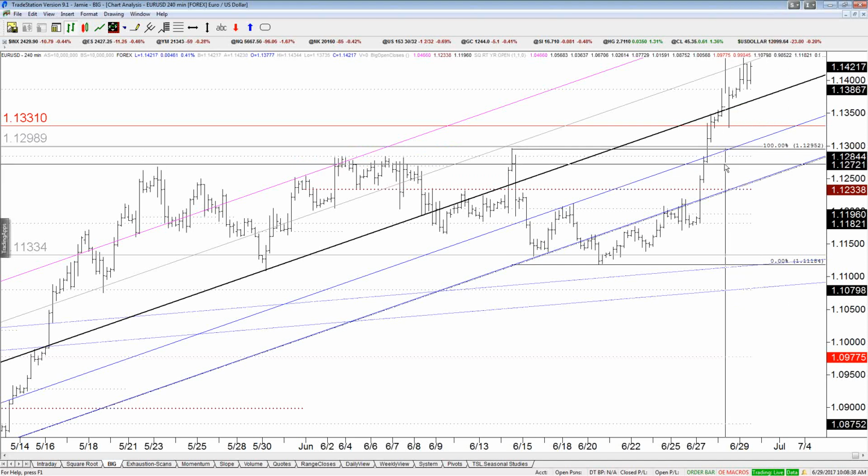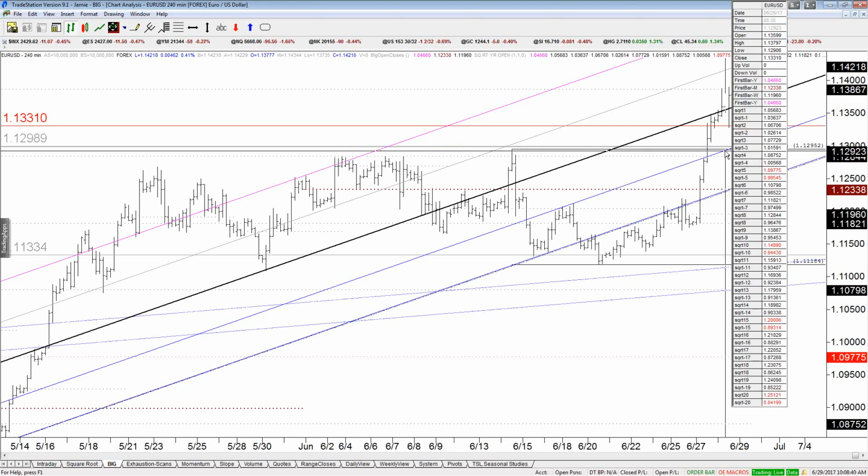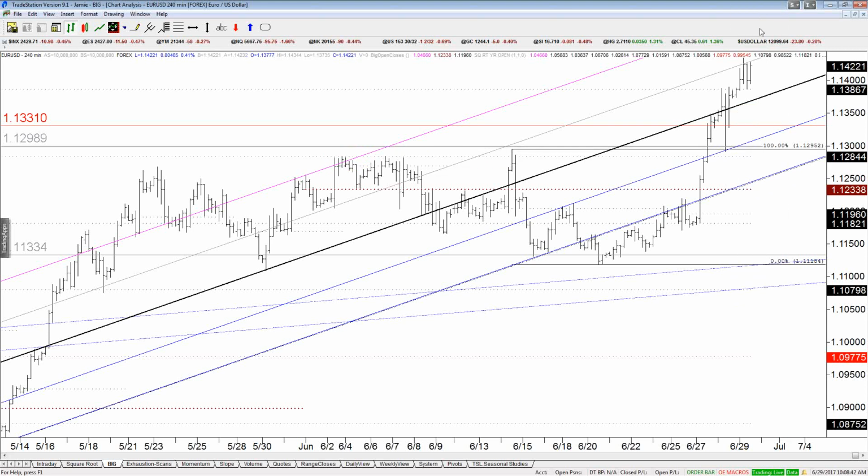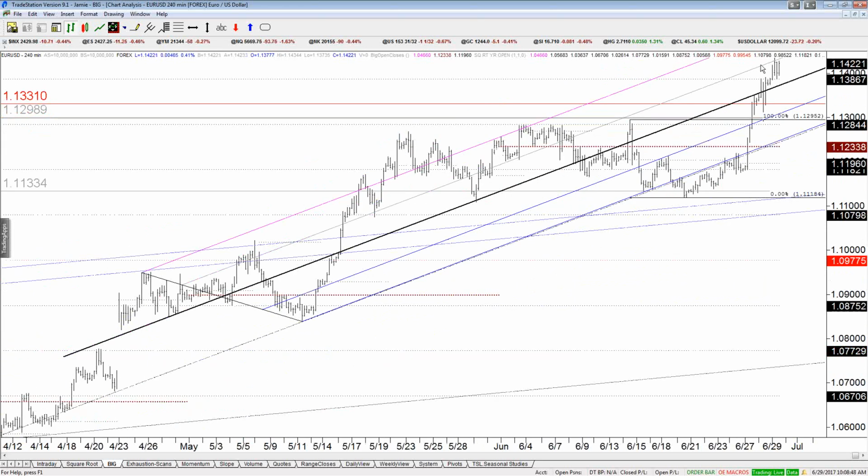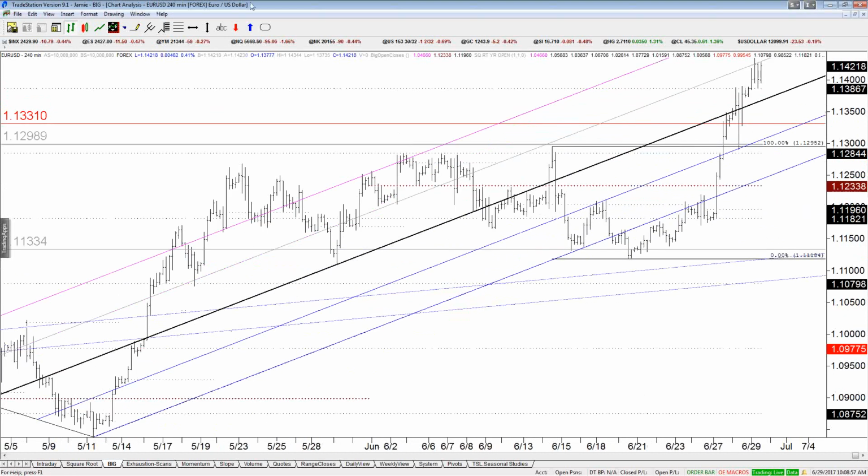To the tick, it hits this thing and just rockets off to the upside, right? So this is a level here. Again, the target's higher. I still think you can get a little higher. Not a place to buy euro, but to get out of a long would be the spot. But yeah, you can just see how beautiful these parallels do work. And really, it's just kind of a retest of the horizontal level too.